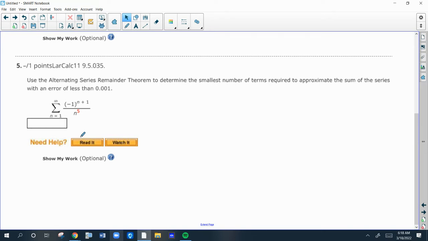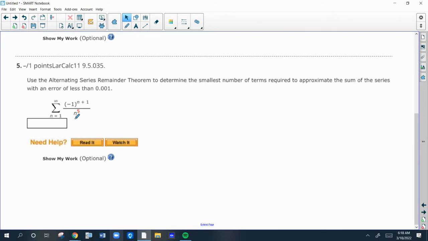In other words, if we add 10 terms of this series up, it will be within the numerical amount of the 11th term, the first one we didn't use, of the actual sum.